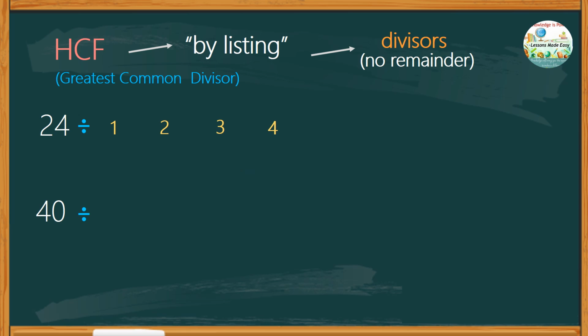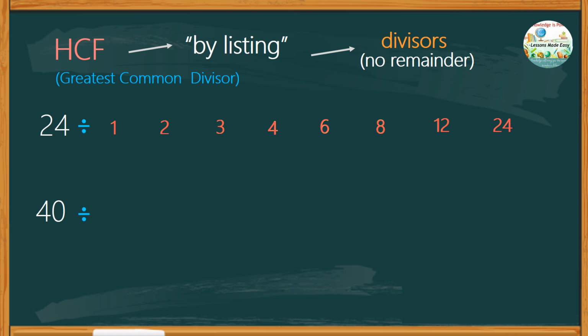So 5 is not a factor of 24. Moving on to 6, which exactly divides 24 with no remainder. 8 is fine too. Even 12. And of course, 24 itself. So the factors of 24 are 1, 2, 3, 4, 6, 8, 12, and 24 itself.